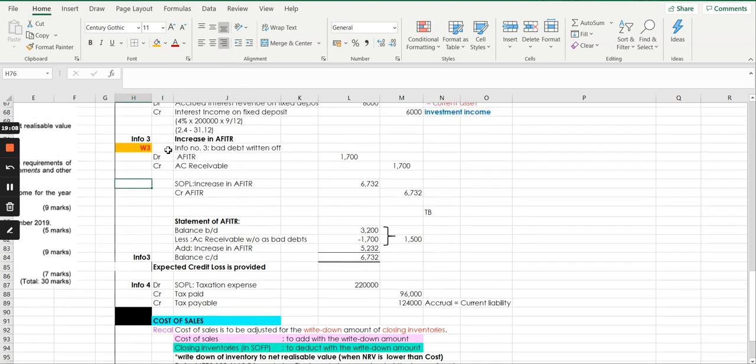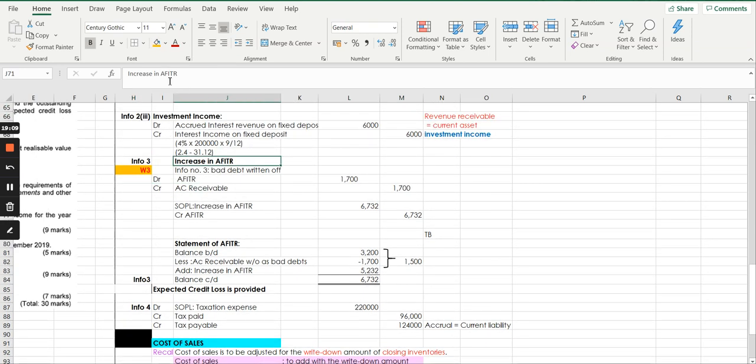Okay, so information number 3 is talking about the increase in allowance for impairment of receivable.